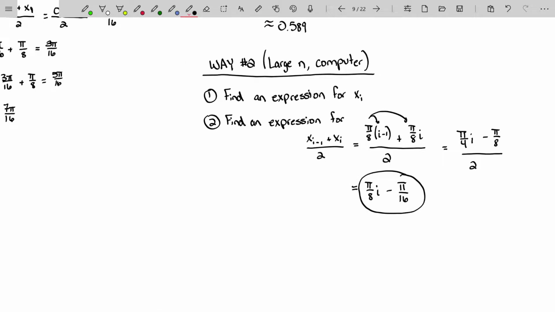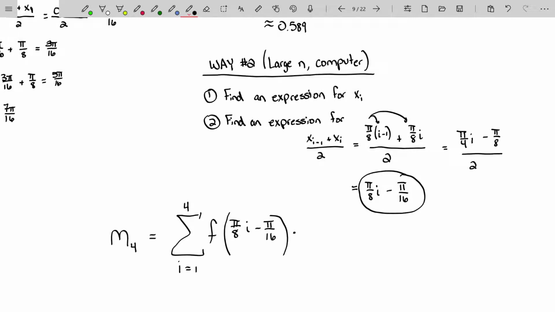So I would go to a computer. Let's say we want to do m sub 4 in this case, because that's what we based this off of. But we could say m sub 4 is the summation I equals 1 to 4 of f, and instead of x sub I minus 1 plus x sub I being divided by 2, I just replace that with pi over 8 I minus pi over 16.